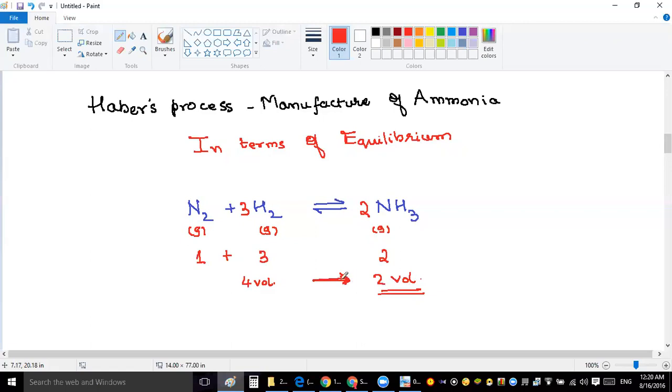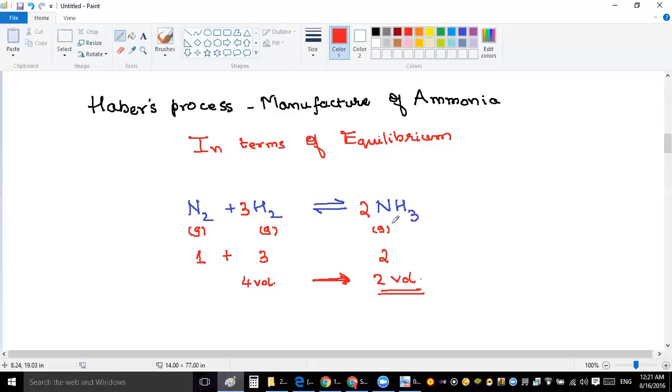By applying high pressure, I'm also trying to decrease the volume. So if I apply high pressure, this is going to favor the forward reaction. More formation of ammonia is going to take place. When I say more formation of ammonia is taking place, it means the equilibrium is shifting towards right, because ammonia is on the right hand side.